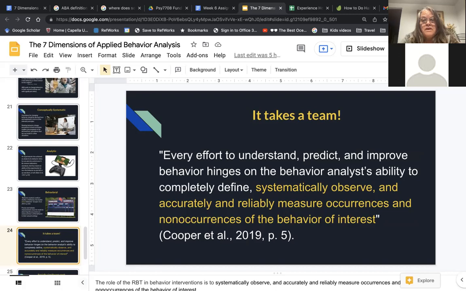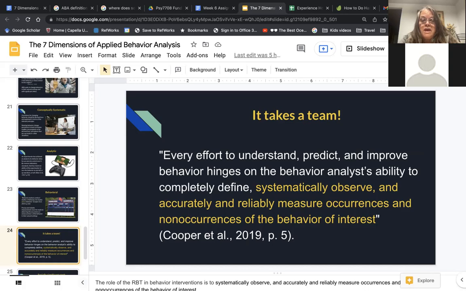An important part of working as a team hinges on this ability to completely define, systematically observe, and accurately and reliably measure occurrences and non-occurrences of the behavior of interest. Now, the reason that half of this paragraph is in yellow is because the things in yellow are tasks that are regularly performed by an RBT.